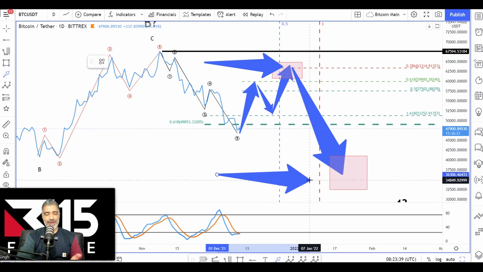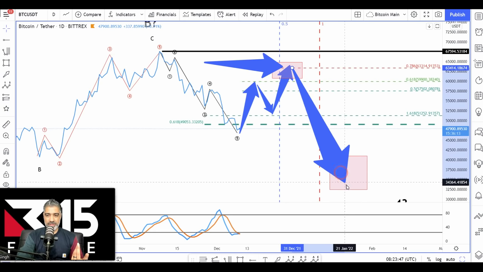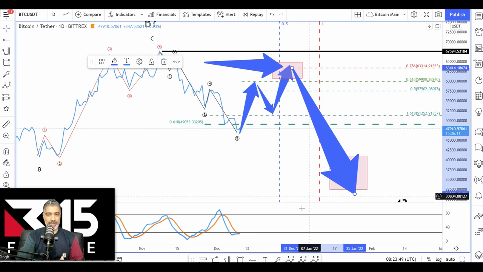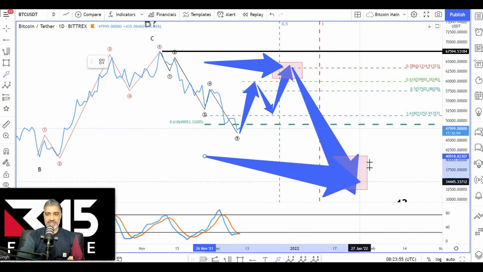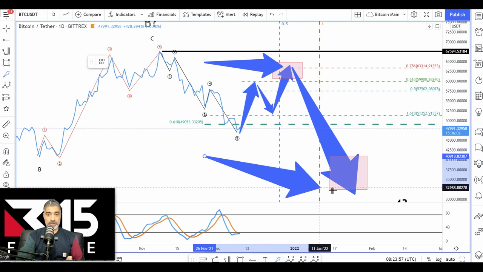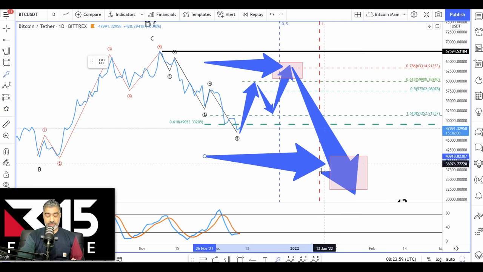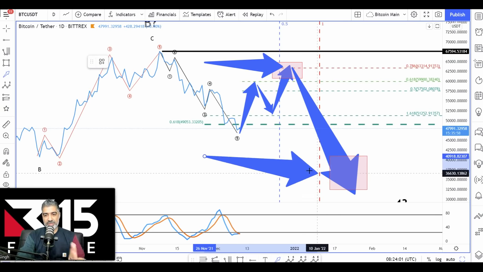Bitcoin's below 40,000. There'll be a lot of FUD, fear, uncertainty, and doubt. There'll be some type of big negative news. It might even be a deeper correction. There's a few different wave counts that we can do, but it'll probably line up with the weekly momentum. But in my opinion, this is where you want to be set to load your positions, right? With your proper risk management, obviously.